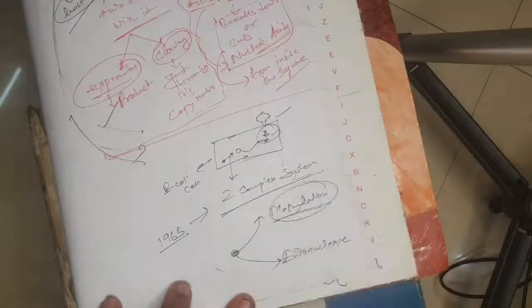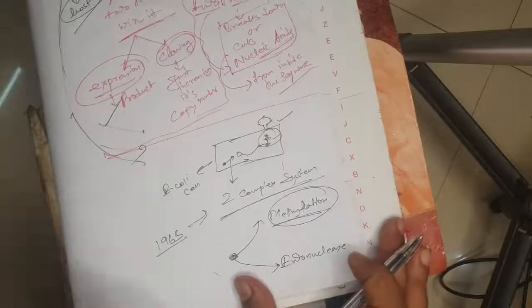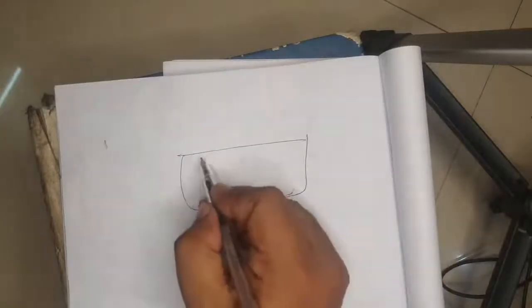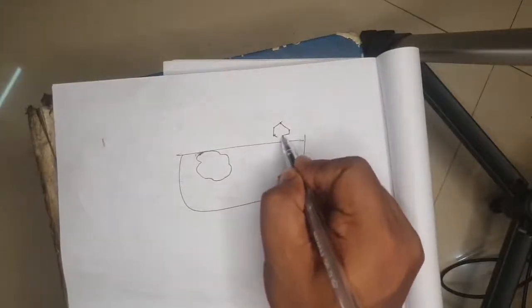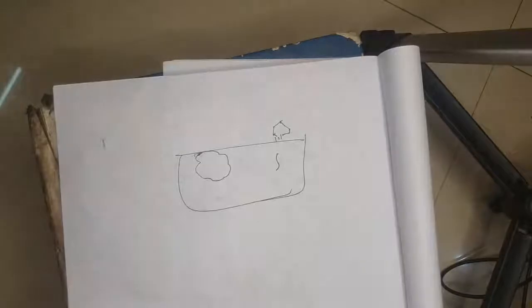I'll speak about the importance of methylation in a little bit. Let's see. Suppose this is the bacterial cell, and the bacterial chromosome is there, and a virus has come and injected a foreign DNA.